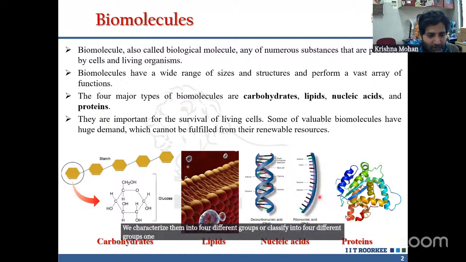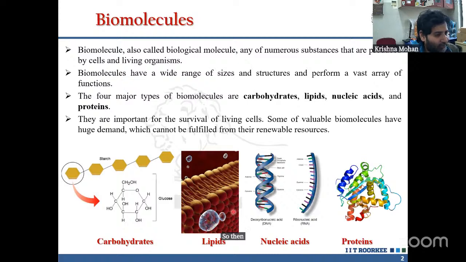The first ones are the nucleic acids, where we have DNA, RNA, and all those. Then the proteins. Then the other 2 groups, which are carbohydrates and lipids. All these things we can characterize.